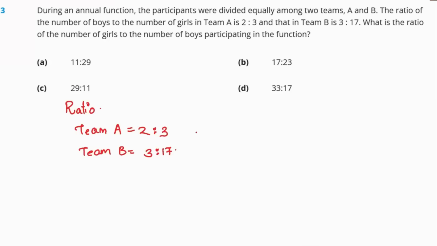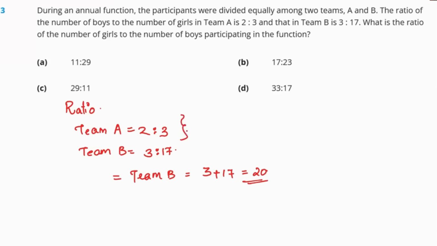Here the participants are equally divided among two teams. When we add 3 plus 17 in team B, we get 20. Equally divided means that if team B is 20, then team A must also be 20.